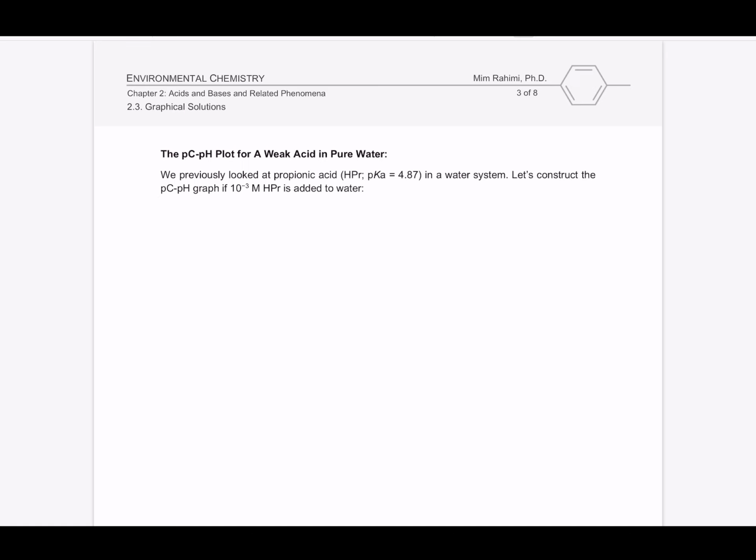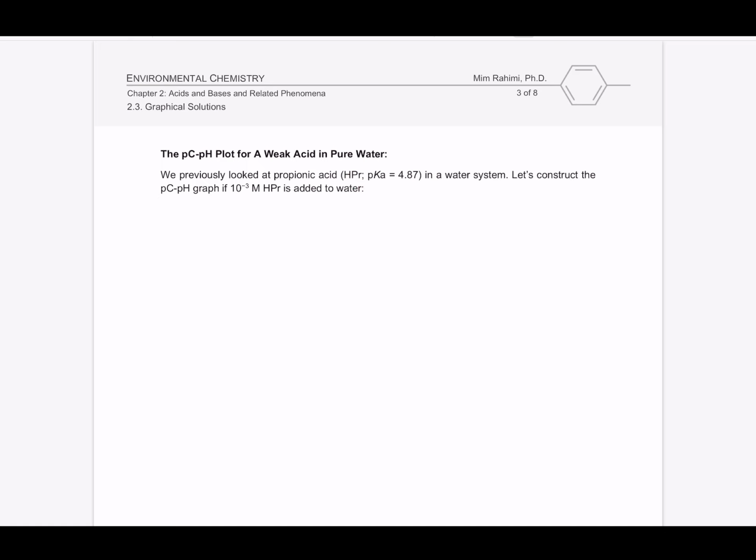So that was using assumptions, and the core was algebra. But here we have the same solution, 10 to the minus 3 molar HPr, propionic acid, added to pure water, and obviously it has the same pKa.